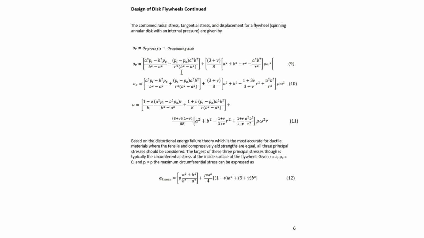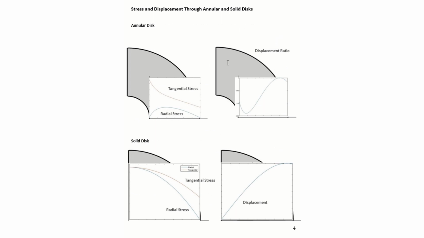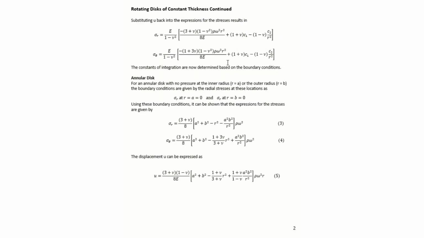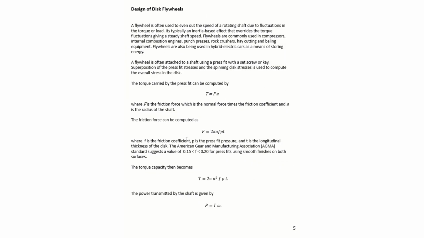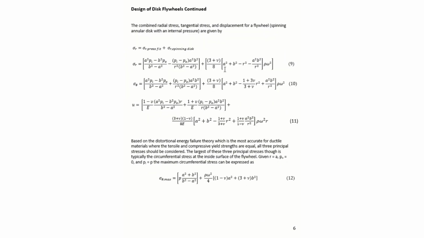Then this is the radial stress equation that we just developed for a spinning disk. That equation comes from this annulus equation 3 right here. And the second half of the sigma theta equation will come from equation 4 on page 2. So those stresses can be computed using these equations.